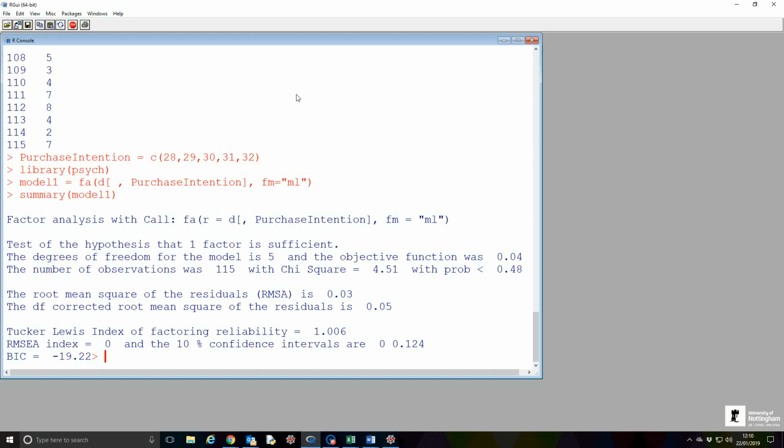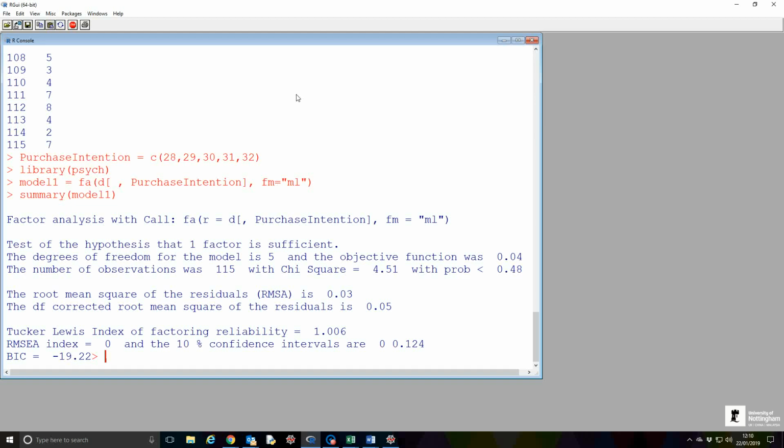Now we get several metrics as such. These are called metrics for the factor, so all these tests that they do are called metrics. The first one is the RMSA, the root mean square of the residuals, as well as the degrees of freedom for the corrected root mean square of the residuals.